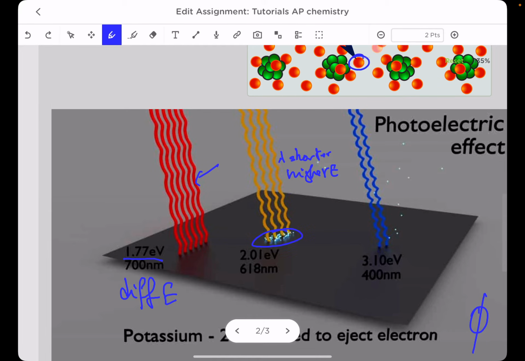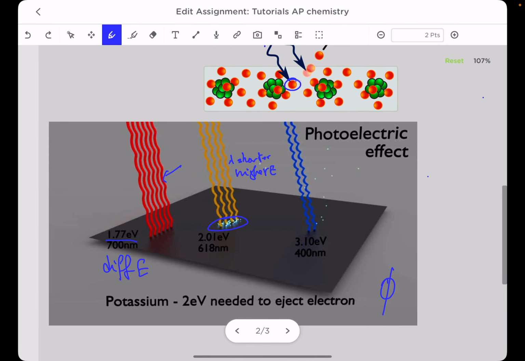Here, we met the threshold energy, the threshold frequency. An electron is dislodged, but not too far from the metal because probably the energy is not very high. But if we increase the energy, an electron is emitted from the metal with also a higher kinetic energy. I'm going to explain this using the PhET Colorado simulation.